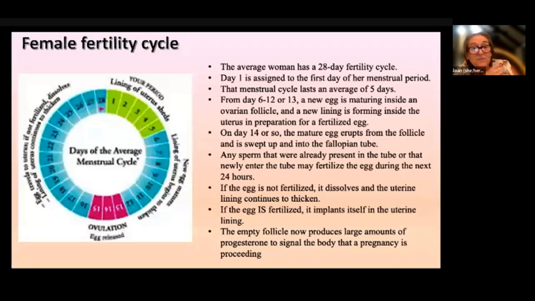So if there's any sperm already present or that come in within the next 24 hours, there is a greater likelihood that the egg will be fertilized. Obviously, if it's not, then she menstruates again in 14 days. But if she is, then the fertilized egg implants itself into the uterine lining and a baby starts.